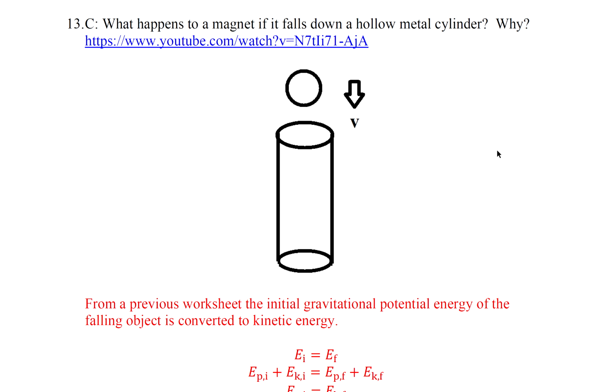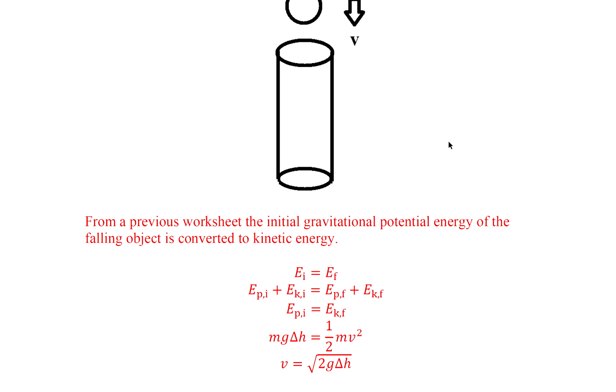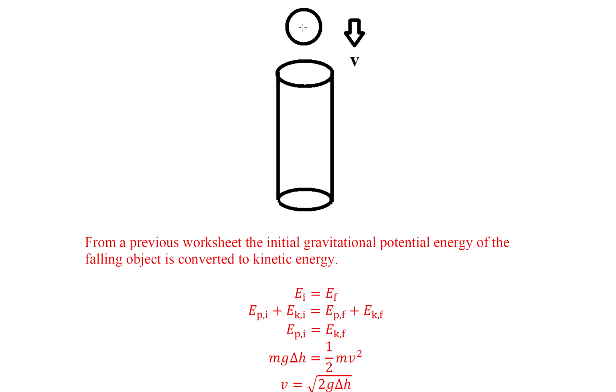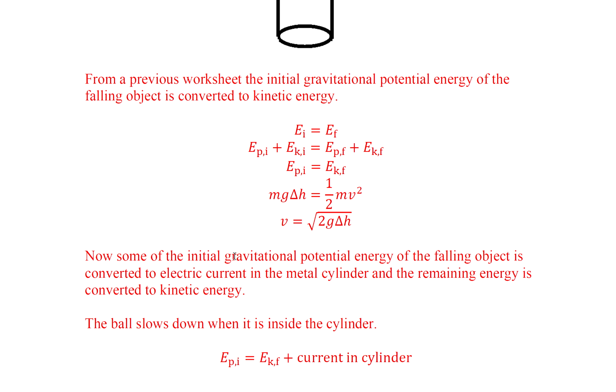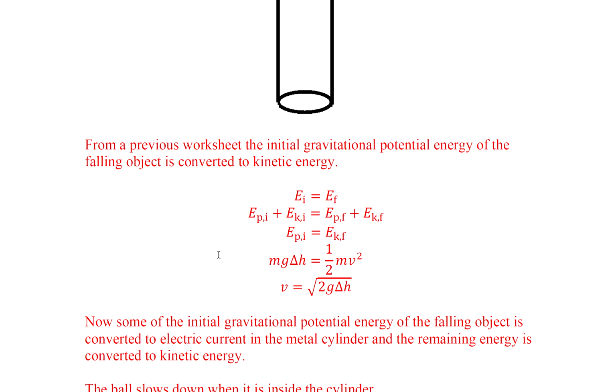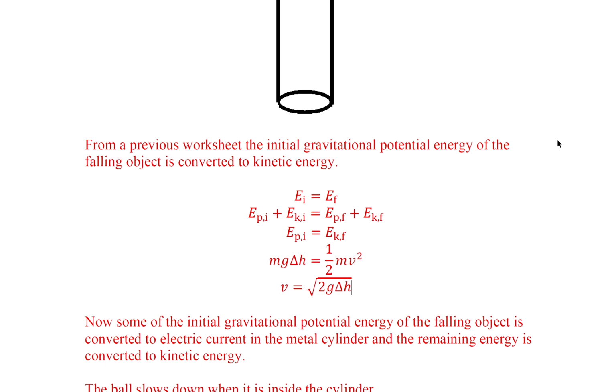So in a previous worksheet, we could just say mgh initial equals 1/2 mv final squared. So all of the initial GPE is converted to kinetic energy.